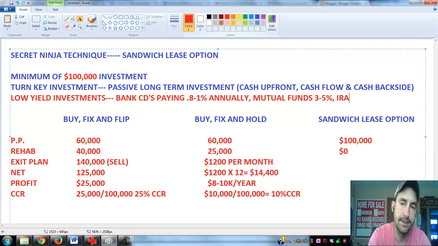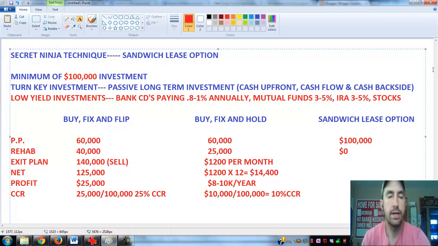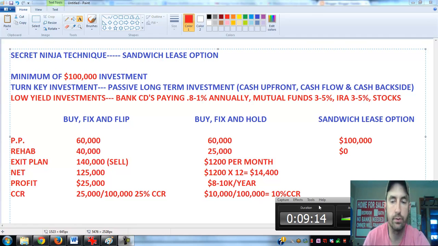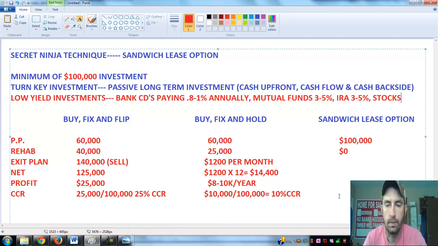IRAs, kind of depends, let's put 3 to 5%, and then maybe stocks. Well, that kind of depends on your investment strategy, but let's look at real estate as being one of the most solid investments over the past 30 years. And what did I mean?